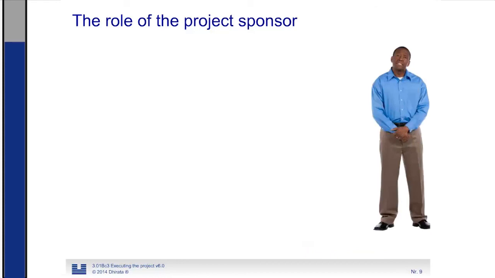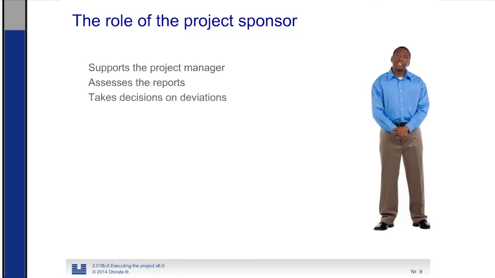During the execution stage, the project sponsor has a role to play. He supports the project manager. He assesses the reports that he receives from the project manager. He takes decisions on deviations from the original plan.